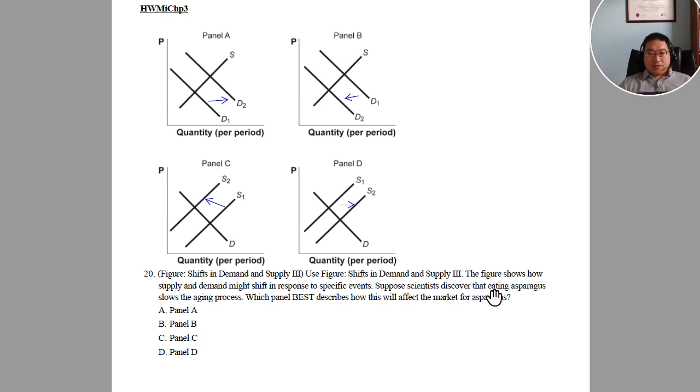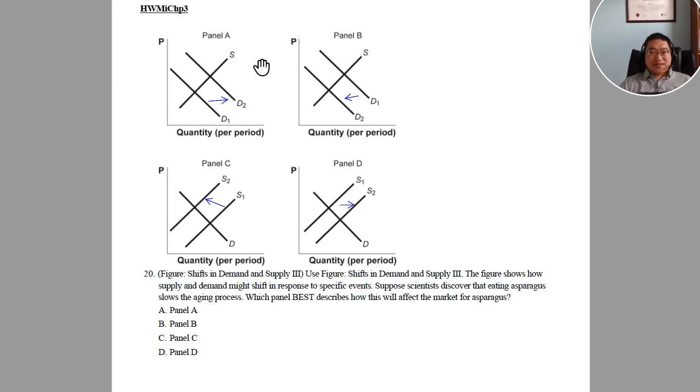Now, the picture shows how supply and demand might shift in response to specific events. Suppose scientists discover that eating asparagus slows the aging process. Then everybody wants to stay young, right? Young age is really good, so you eat a lot more asparagus. It becomes popular. It's an increase in demand.